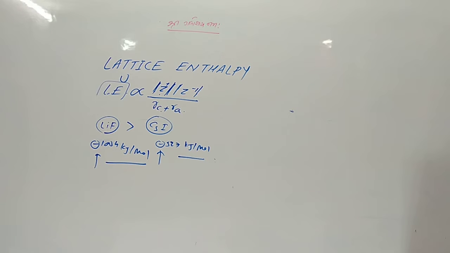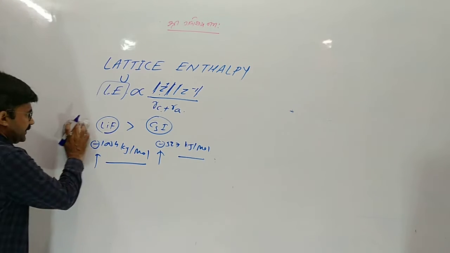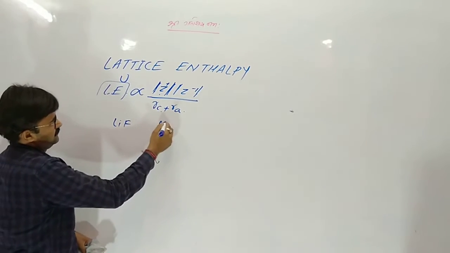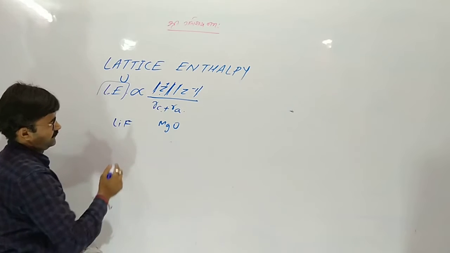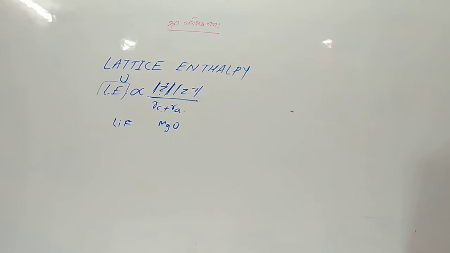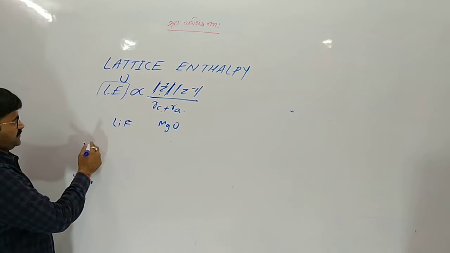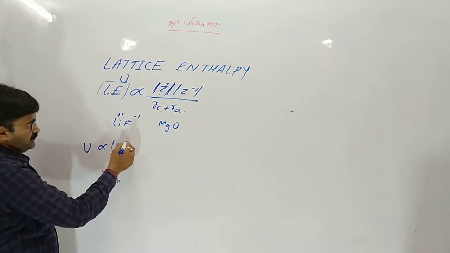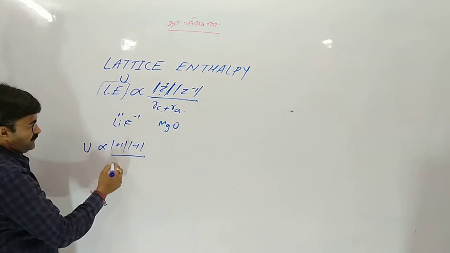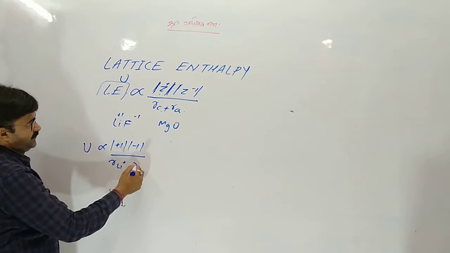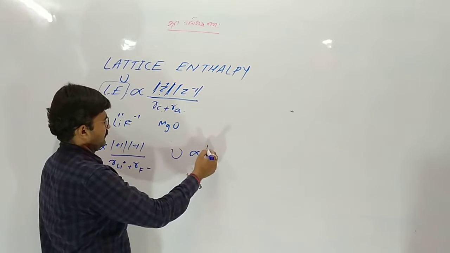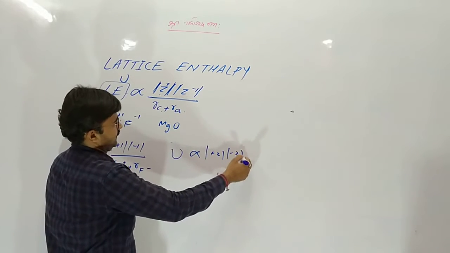Now we are going to compare lithium fluoride and magnesium oxide. Tell me, which one has more lattice energy? For lithium fluoride, U is plus 1 minus 1 upon radius of lithium and radius of fluoride. Here it is plus 2 minus 2. Why?